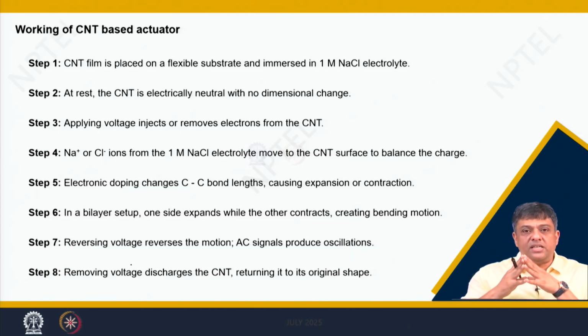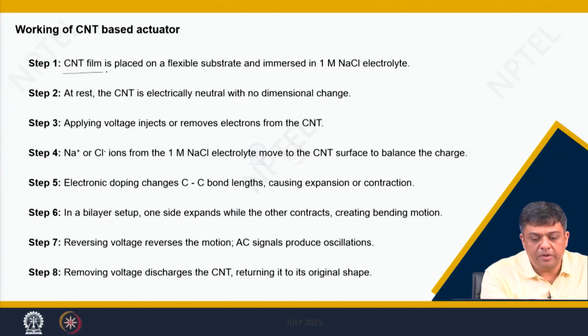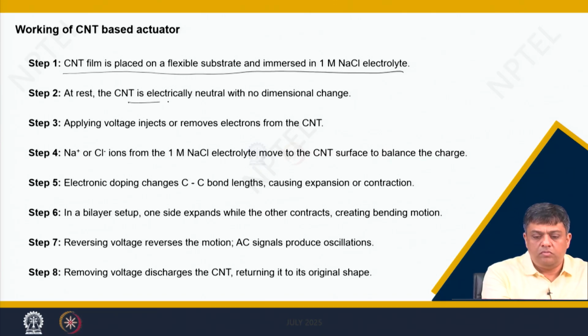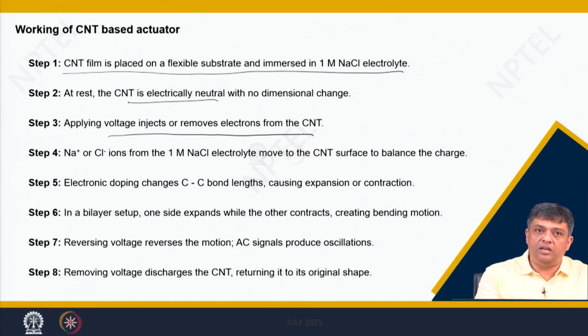If you want to make such a simple actuator, these are some of the steps. A CNT film is placed on a flexible substrate and immersed in an NaCl electrolyte. At rest, there is a condition of electrical neutrality. When you apply a voltage, it injects or removes electrons from the CNT.